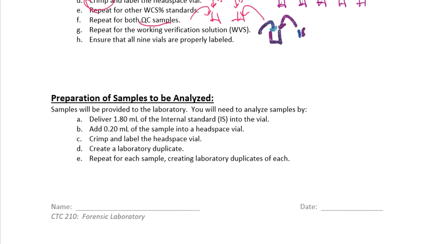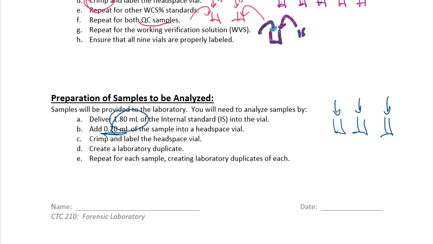Next are the preparation of the samples that you're going to analyze. And there's no surprise here, but those are going to be done in the same exact way. You're going to have a series of samples, let's say 3 of them. You're going to pipette 0.2 mLs of sample into each one of the headspace vials.